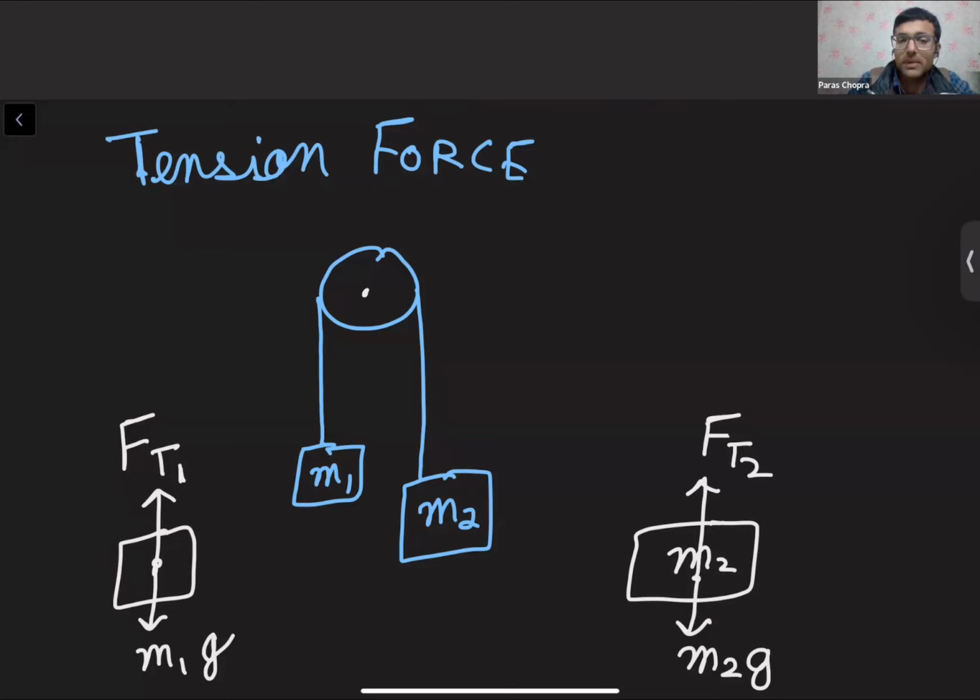Only if the pulley is massless and frictionless, we will say that this tension force will be equal to this tension force. If the pulley has mass and there is friction, then these two tensions will not be equal. But if these are frictionless, then we can simply say the two tension forces are equal. So we can remove the subscripts and make them equal.